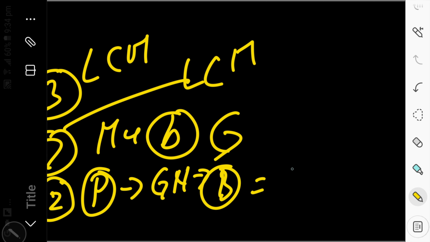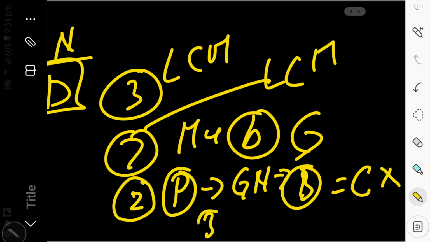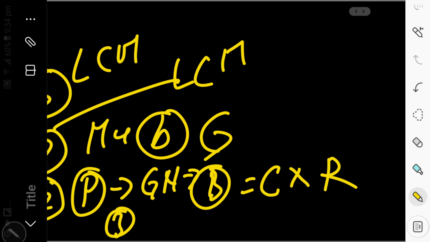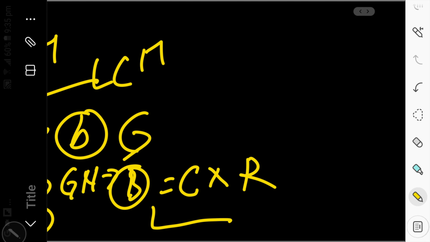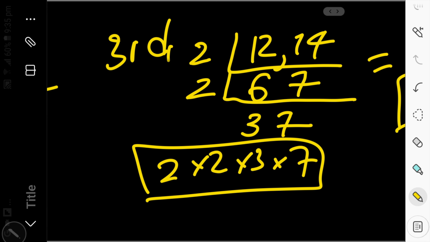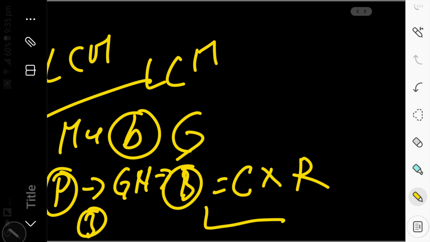Then after breaking down, find the common number, then multiply the common number with the remaining numbers. The third is using the bracket method of dividing the numbers and multiplying the numbers outside the bracket.